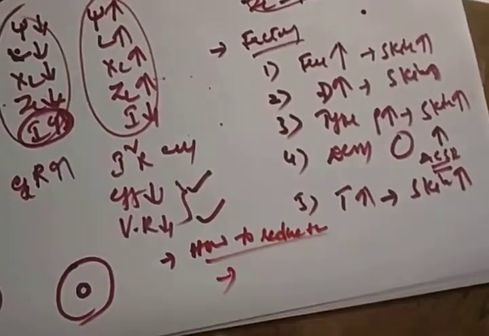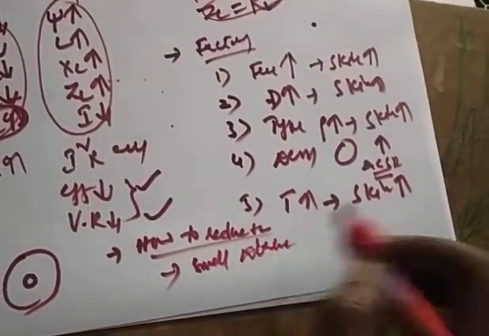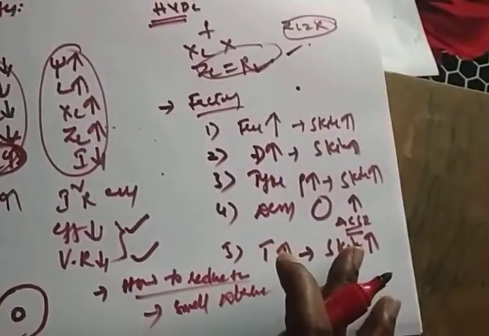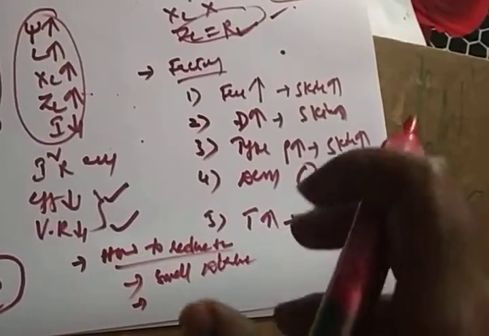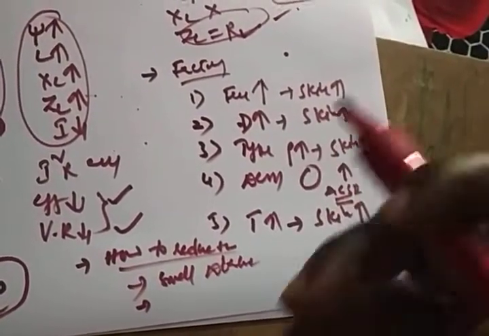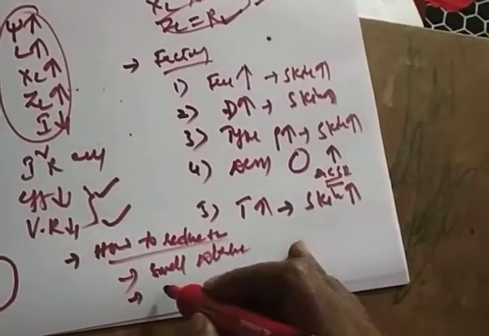What are the methods to reduce the skin effect? The first one is smaller diameter conductors. Whatever conductor you use should have a smaller diameter, because if the diameter is smaller, the skin effect will be much less compared to a larger diameter conductor.